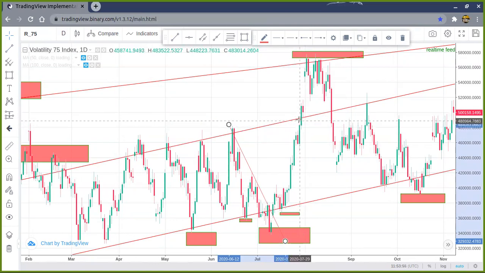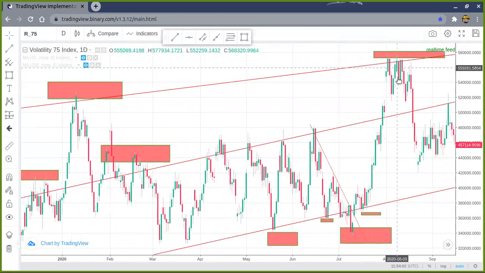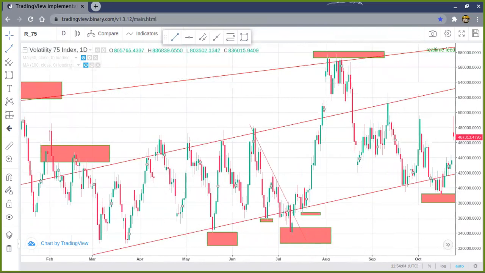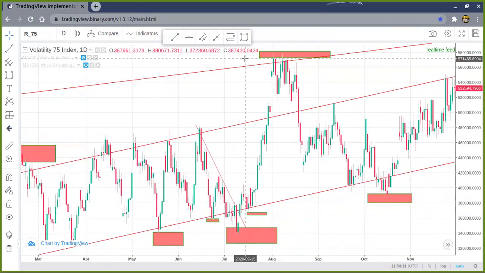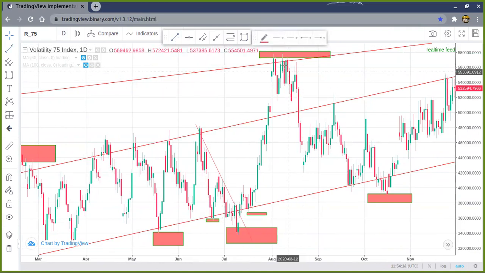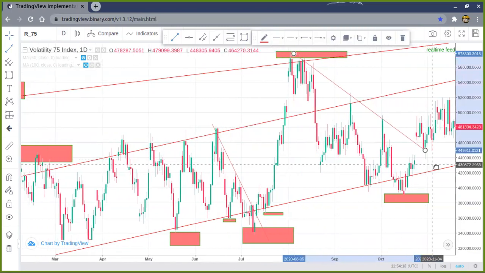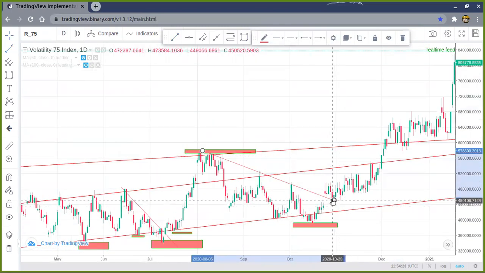In this case, it broke above the trend line and went all the way to make a higher high. Okay, so this is another way to trade. This is the way I trade the volatility VIX 75.